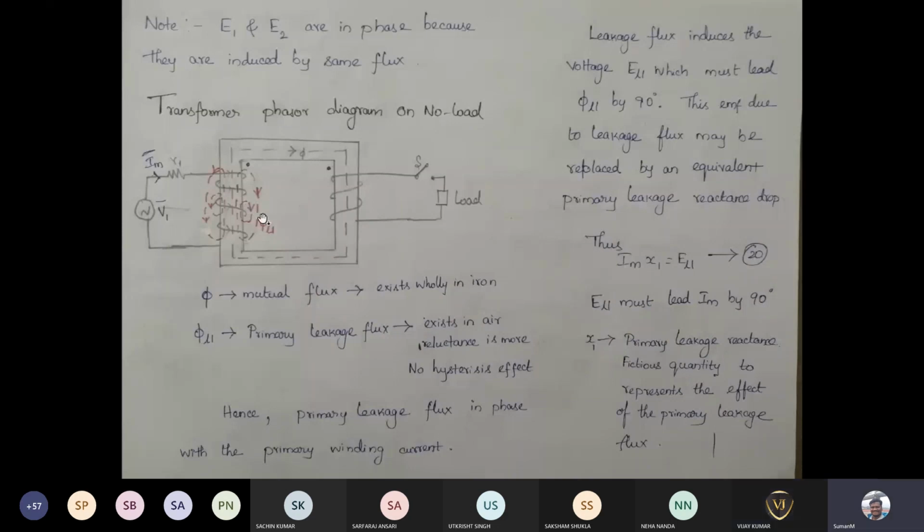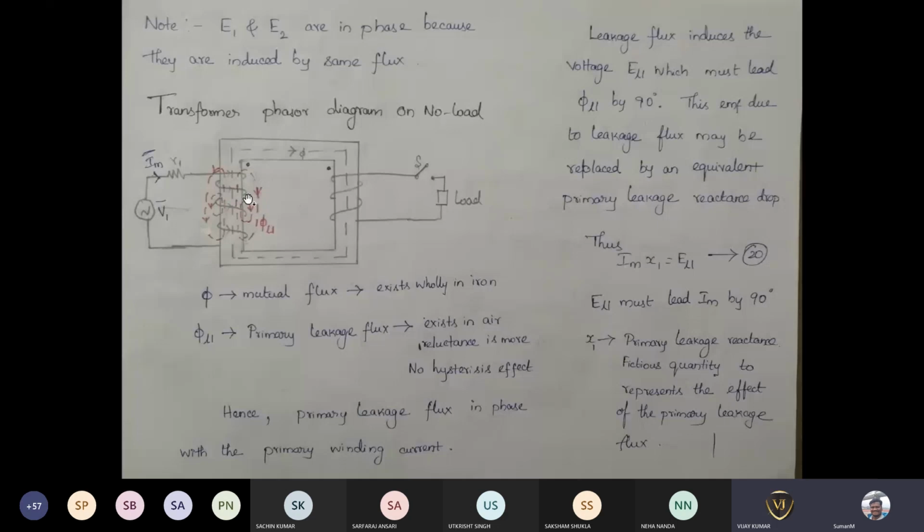So here this flux is seeing a higher reluctance, and this flux will not see a hysteresis path, because most of this flux exists in air. Since the flux exists in air, you cannot have a hysteresis loop, because a hysteresis loop exists only for iron or some magnetic material, whereas air is not a magnetic material.